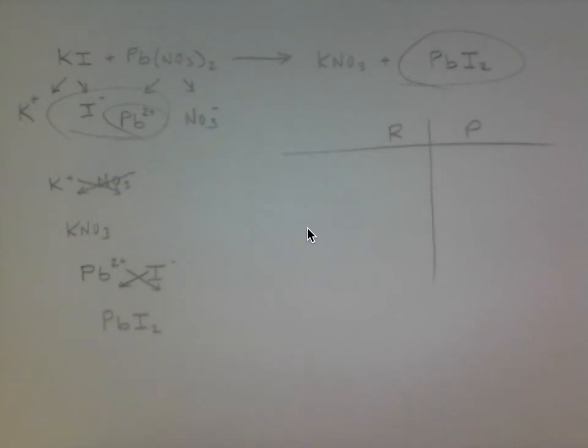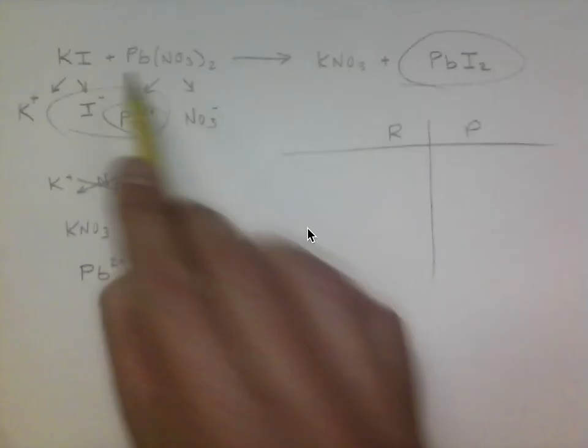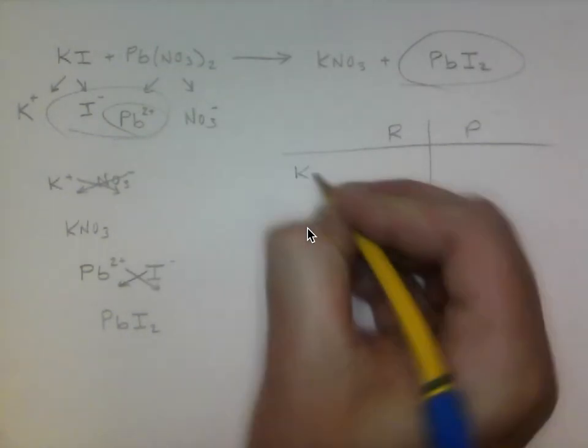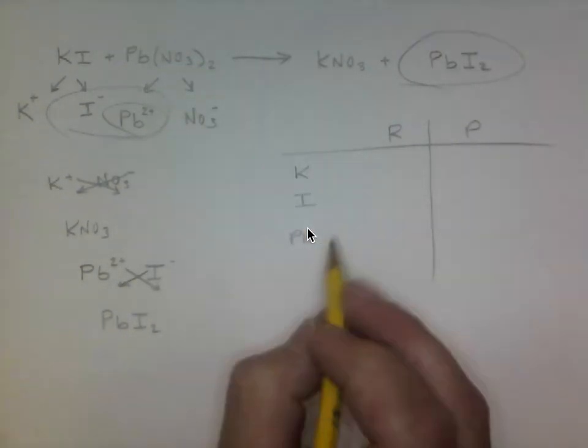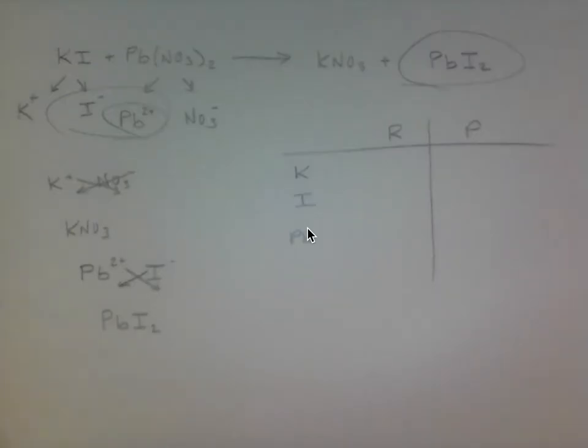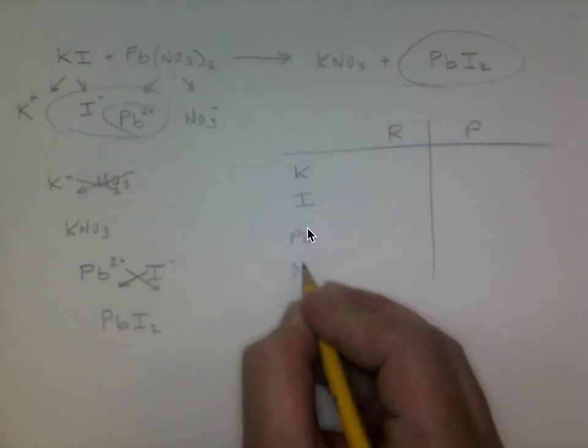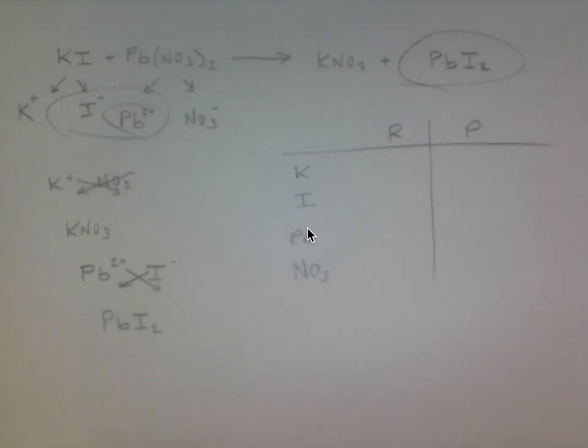We need to make sure that we balance it, or else we cannot do the mass-to-mass ratio that we're going to need to answer questions in the lab. Looking at what elements we have present, we have potassium, iodide, lead, and NO3, nitrate, and let's keep that together. We're going to keep that polyatomic ion together, because we can do it that way in terms of the balancing.